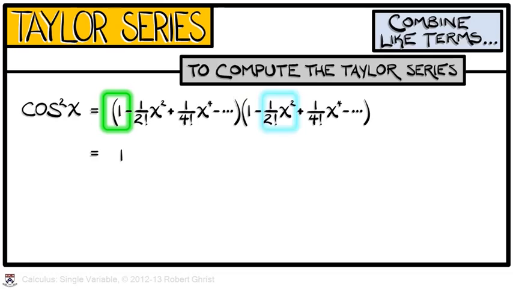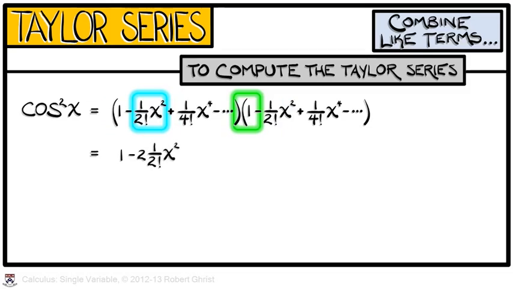The next order term consists of 1 times -x squared over 2 factorial plus -x squared over 2 factorial times 1. The next order terms are of fourth order and consist of x squared over 2 factorial quantity squared. But there are a few others as well.